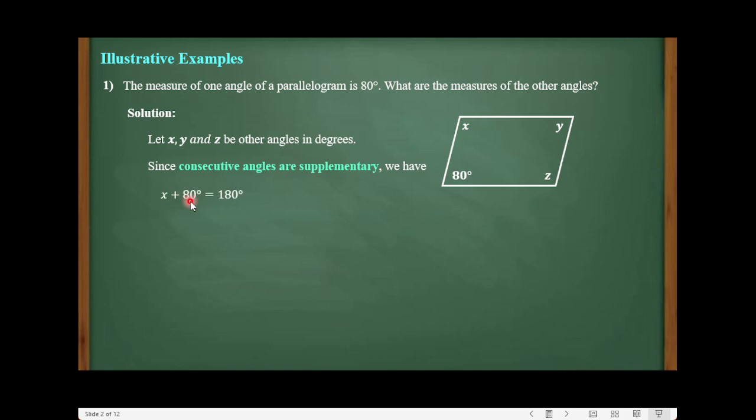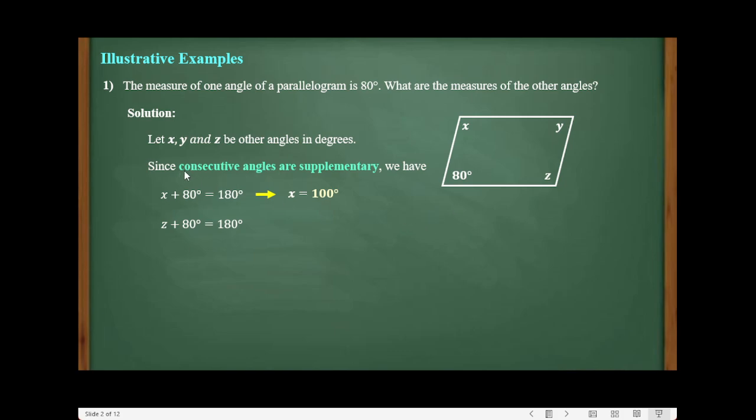x plus 80 is equal to 180 degrees. From this equation, we can solve for x, and that is equal to 100 degrees. Next, for the value of z, we can set up this equation: z plus 80 degrees is equal to 180 degrees.